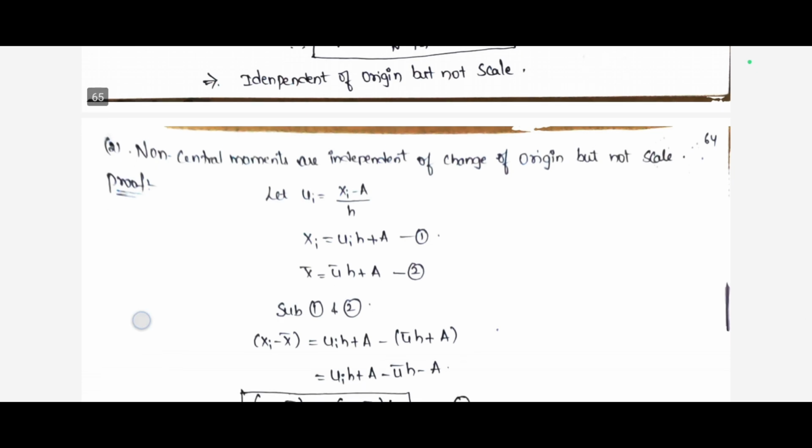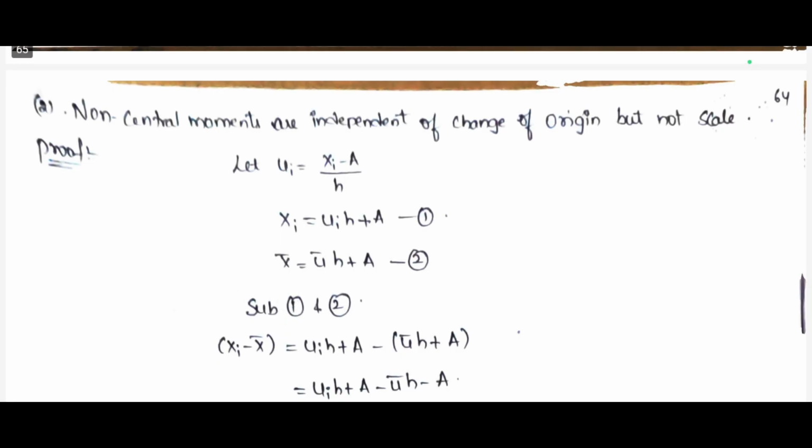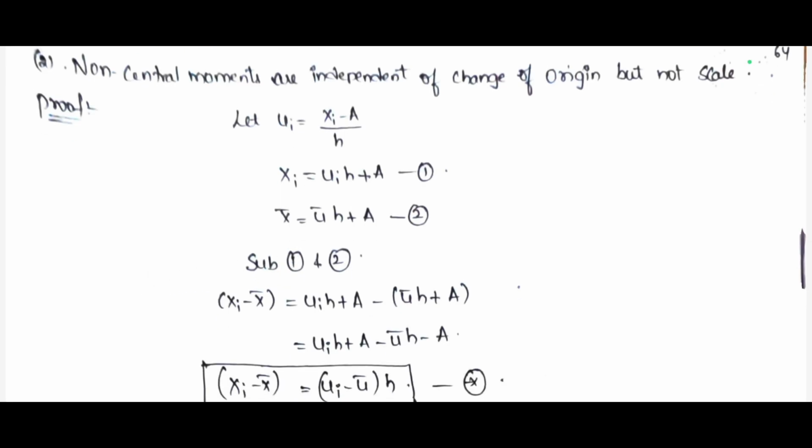Next, case 2: non-central moments also we have to do. Non-central moments are independent of change of origin but not scale. Again we use the same setup. Let ui equal (xi minus a) divided by h.